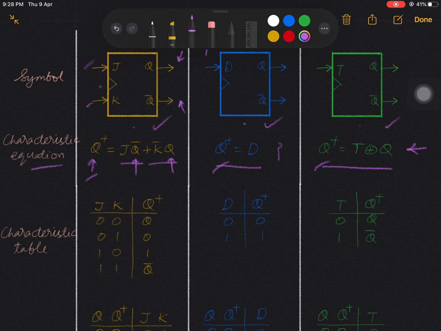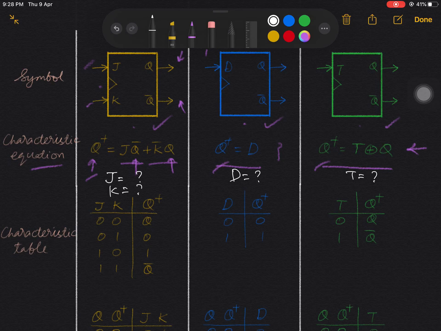So even though Q plus is the subject of the equation, in most cases the problem is not the formulation of the next state, but rather how to formulate the inputs of the flip-flops so that the desired next state can be achieved. Okay, so it is about what J and K are, what D is, and what T is to achieve Q plus.